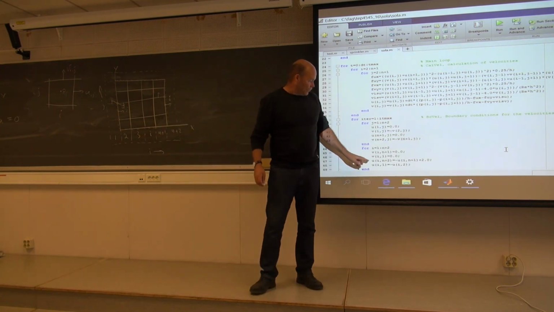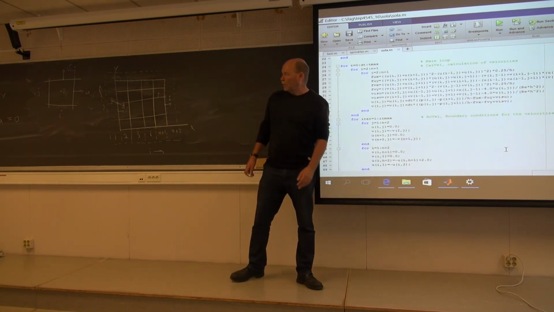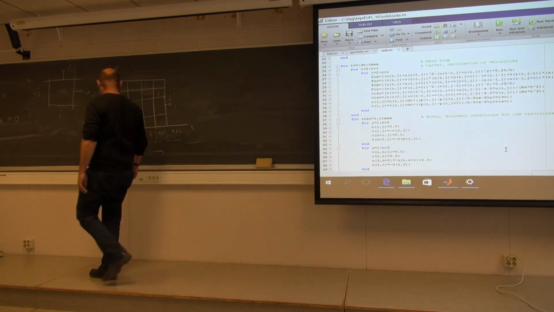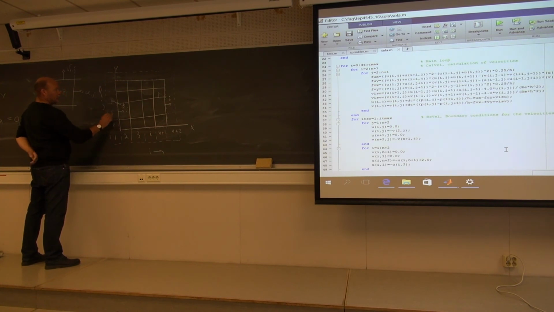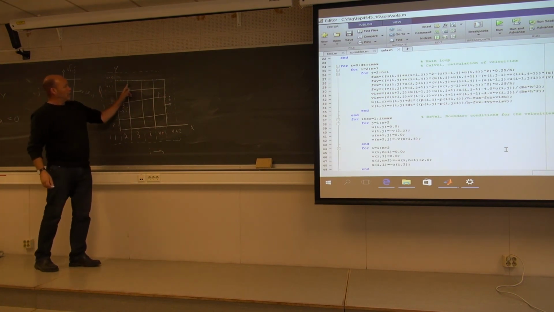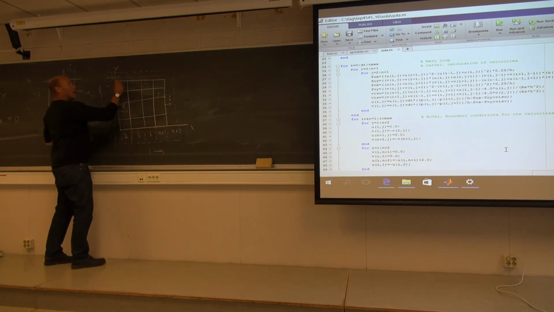So we start here with the velocity in the y direction. V number I n plus 1. Which one is that? Well, here is 1, 2, 3, n plus 1, n plus 2. So n plus 1, that's this row here. And the v velocities, they are located at the top. Then you are talking these velocities.